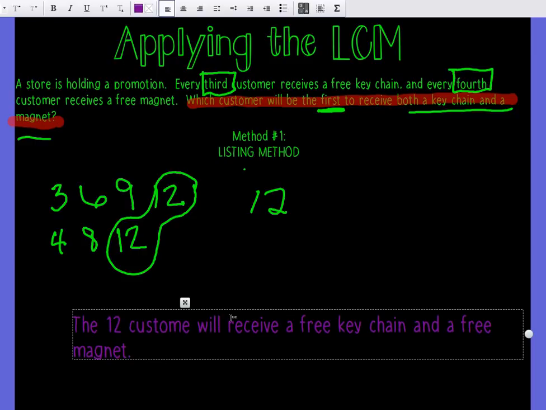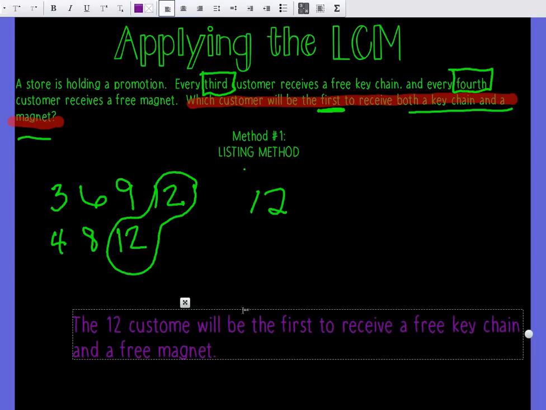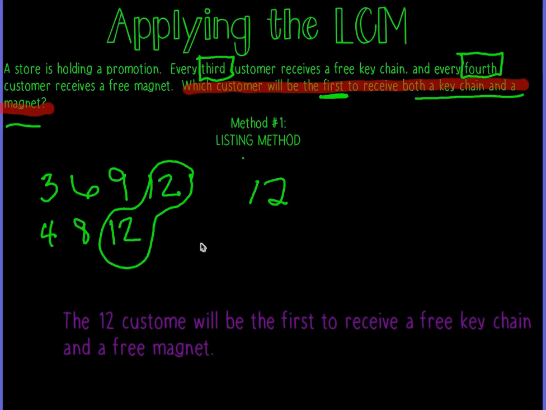And we should actually put will be the first to receive a free keychain and a free magnet, because then every 12 customers after that should also get a free keychain and a free magnet.